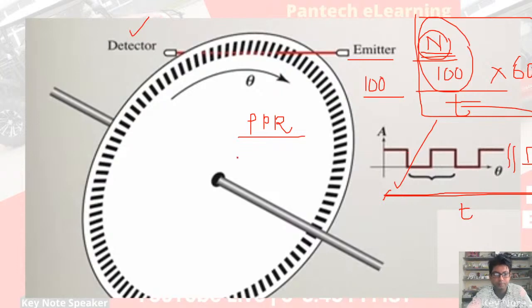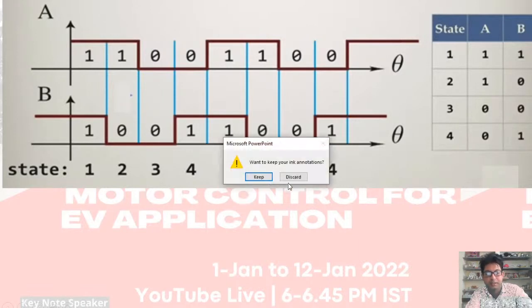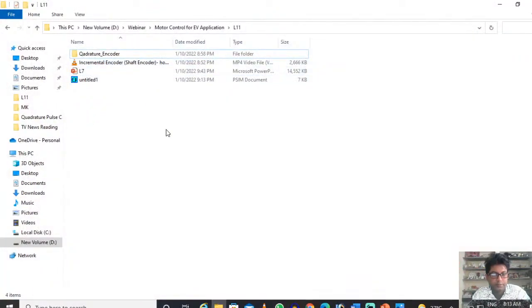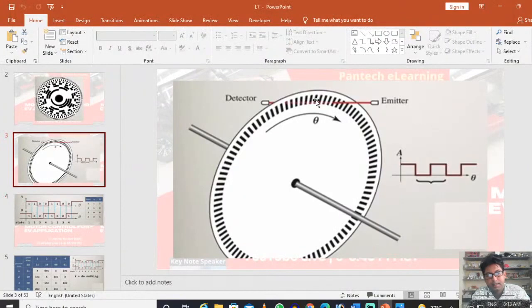Okay, now I want to get the direction, which direction it is rotating. So let us show you one small video. You see here there is a single track at the outermost periphery.